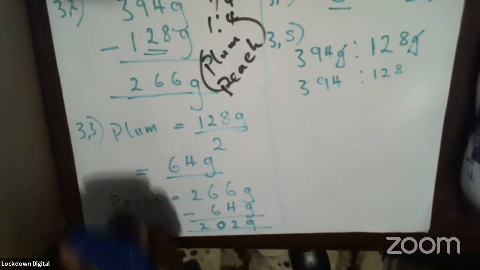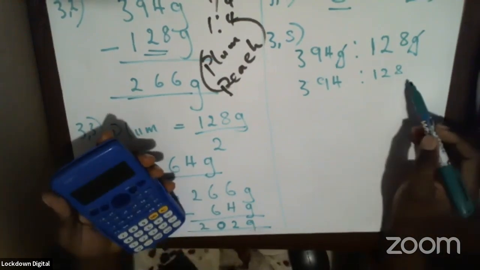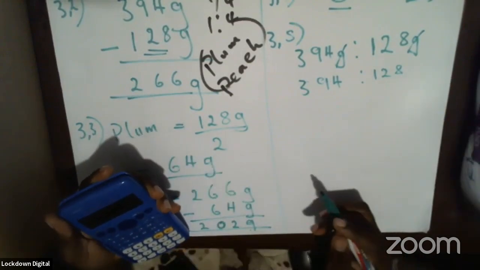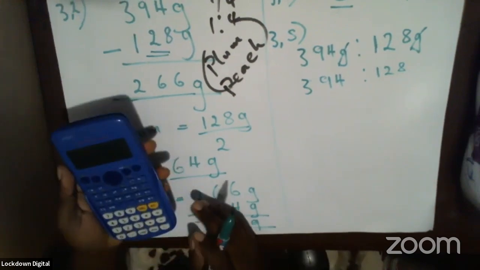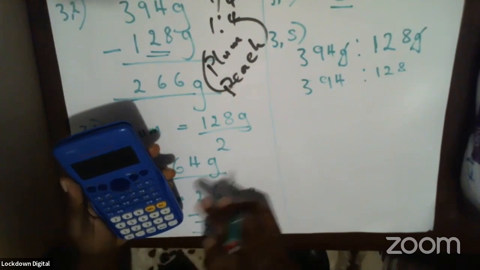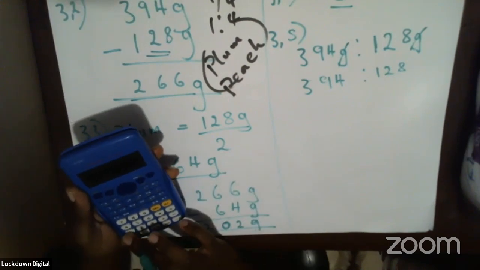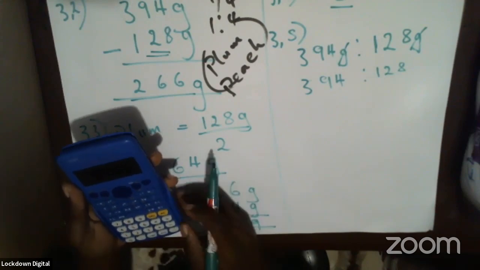You can do trial and error, guys, to figure out the answer. But if you're using your calculator, you can just write 394 divided by 128.